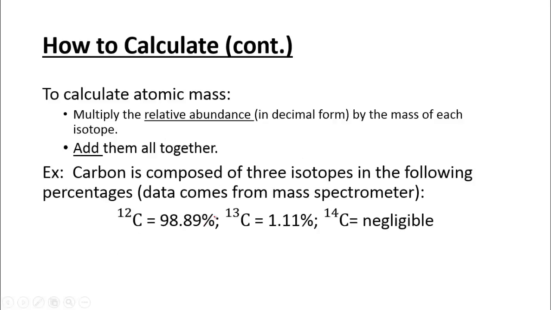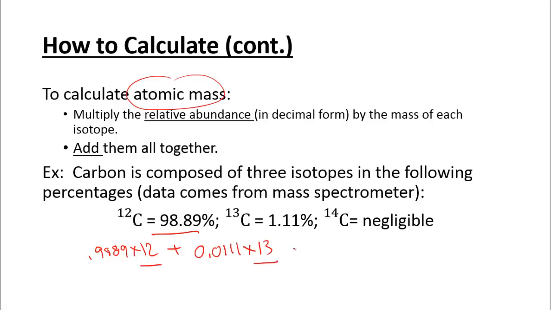So, carbon is composed of 3 isotopes, carbon-12, 13, 14. To find the atomic mass, you're going to take the decimal form of the abundance, so 0.9889 times 12 plus 1% is 0.01111 times the mass of carbon-13, plus carbon-14 is negligible, so it's almost 0% essentially, so we're not going to even really do that one.